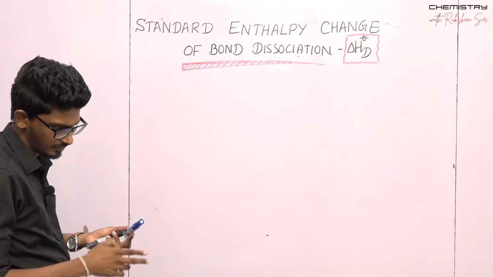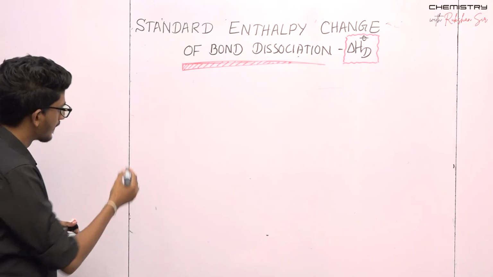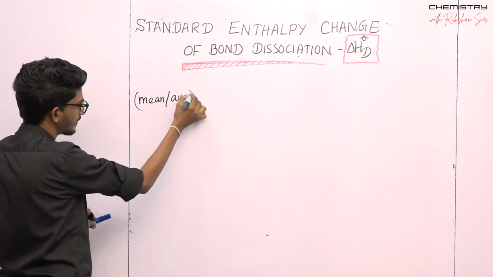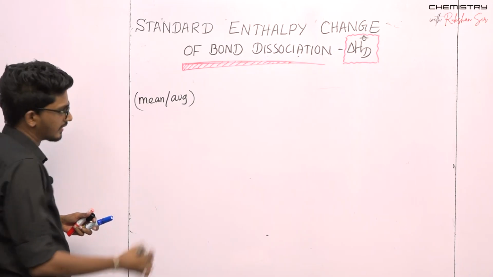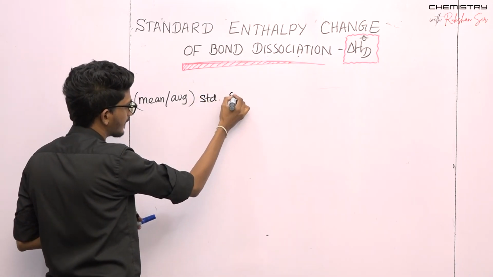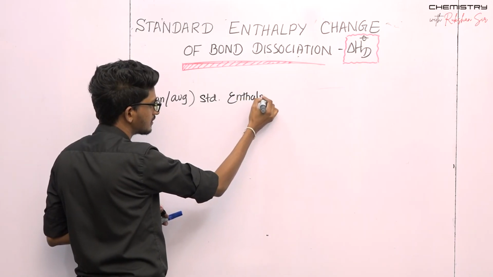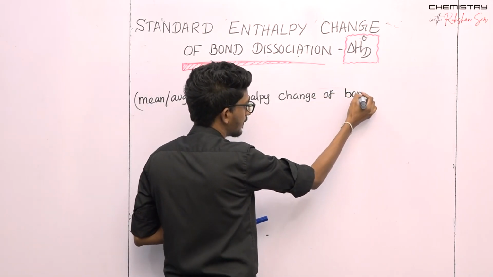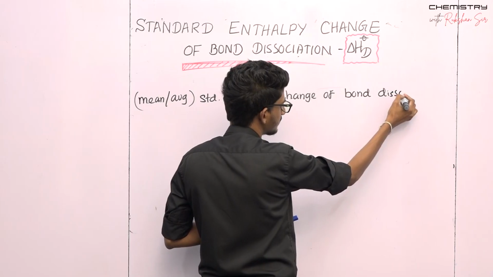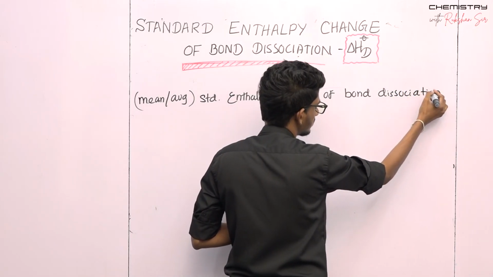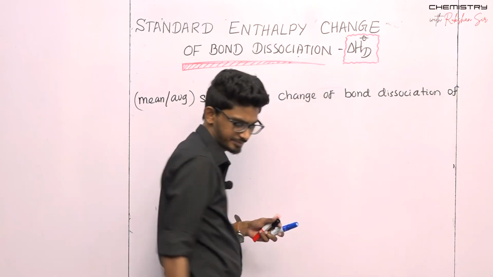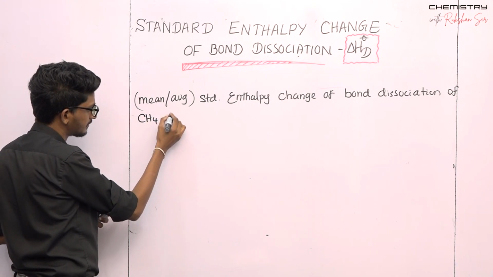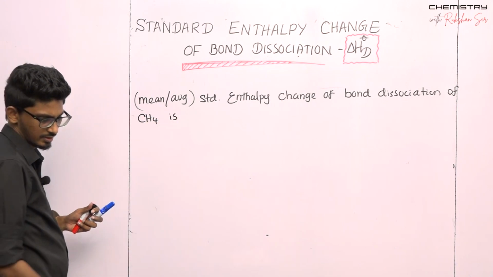The thing written there is the mean or average standard enthalpy change of bond dissociation of CH4, given as 470.